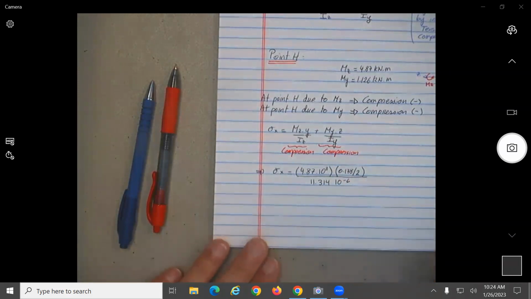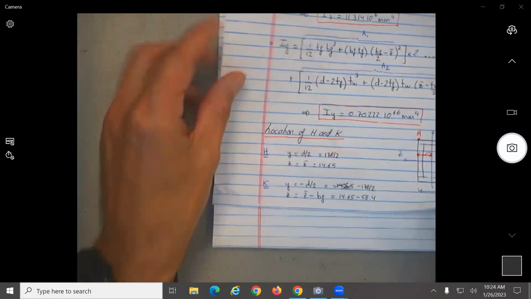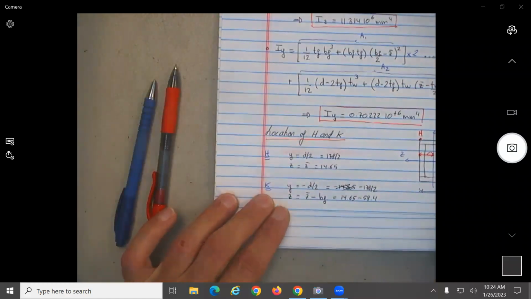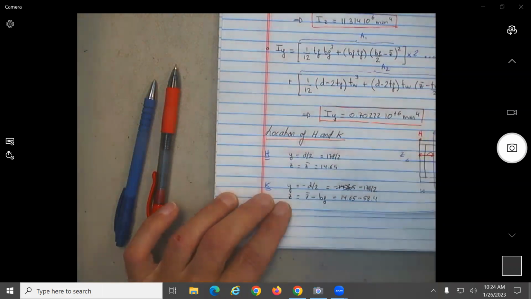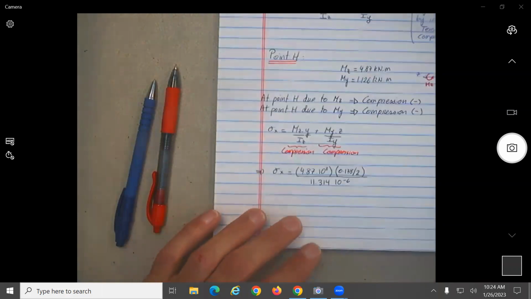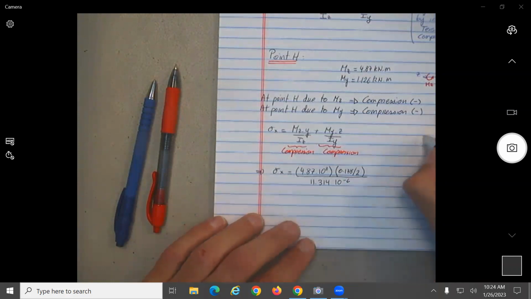Going back to finding the Y for the final H. It's this page here. It was 178, or 0.178. So we have D equal to 178 millimeters, equal to 0.178 meters.